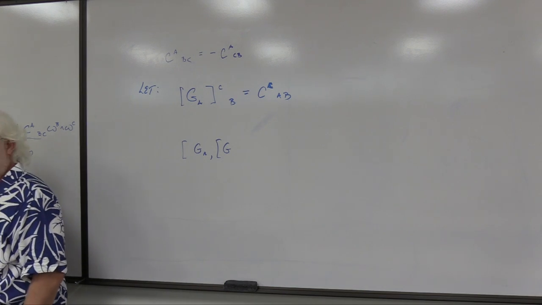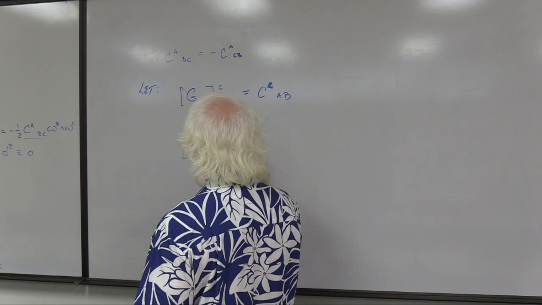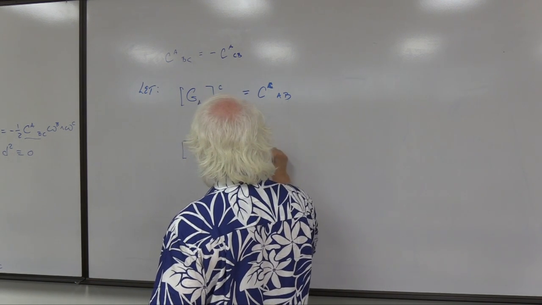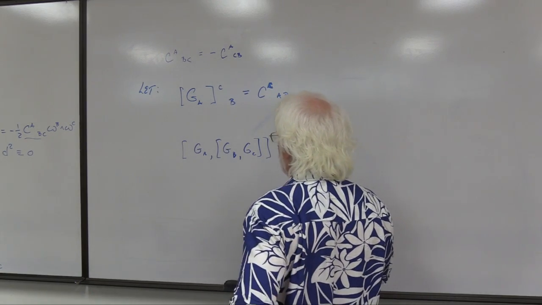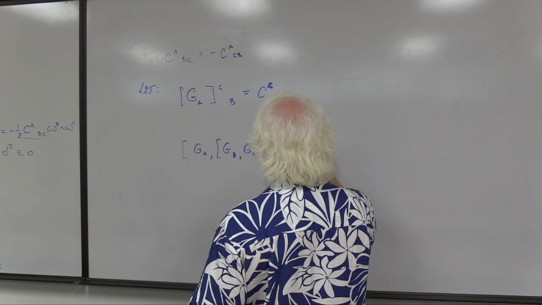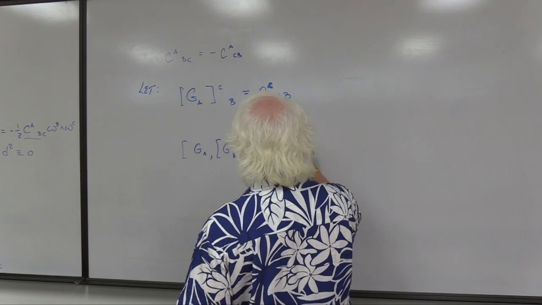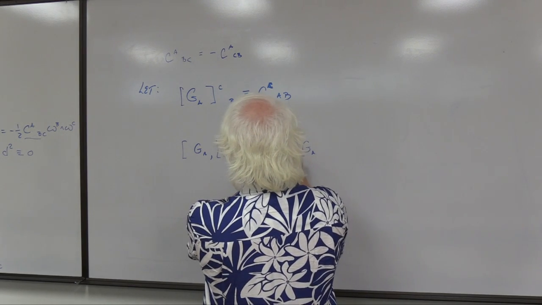It's true for all U, V, and W if it's true for the generators G_A, G_B, G_C. All right, so let's write this out as a matrix thing. This is going to be G_A, and let's suppose, let's go E, F here.